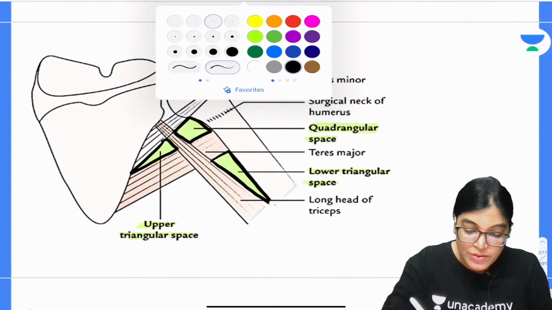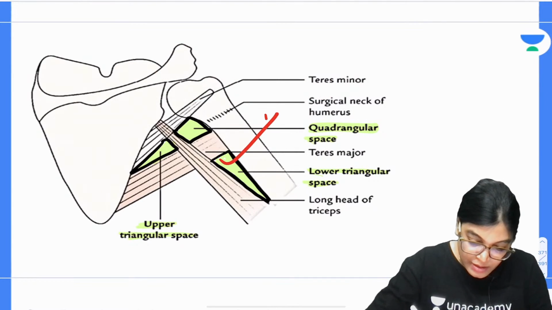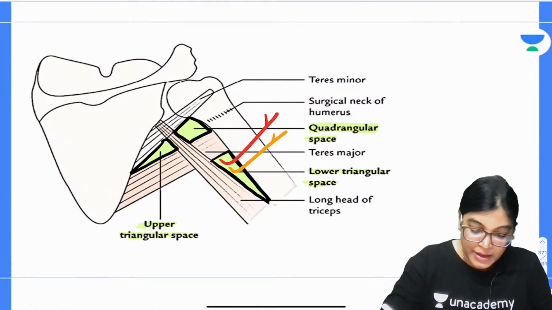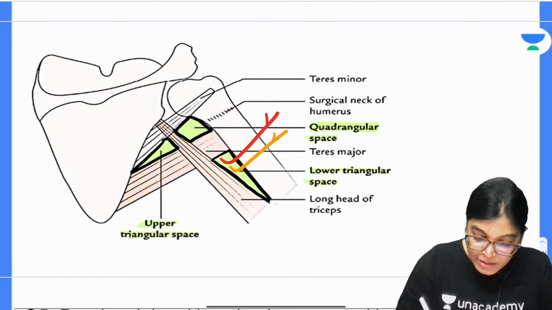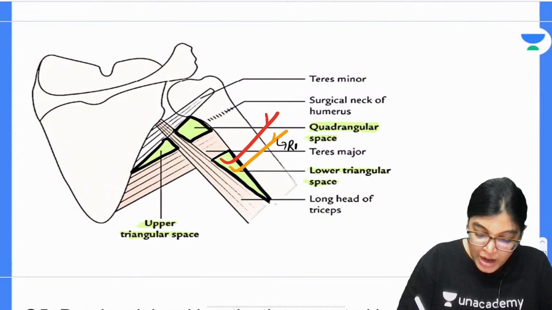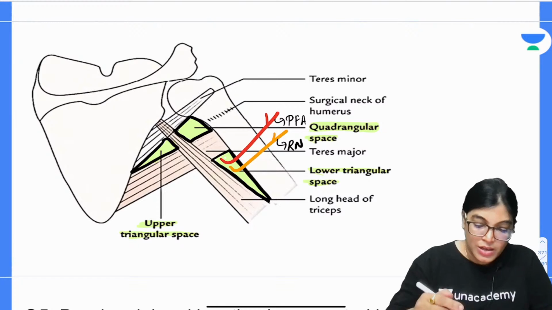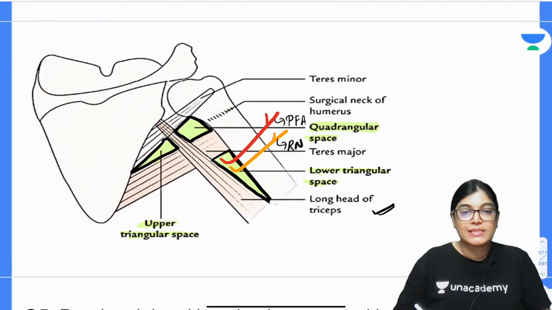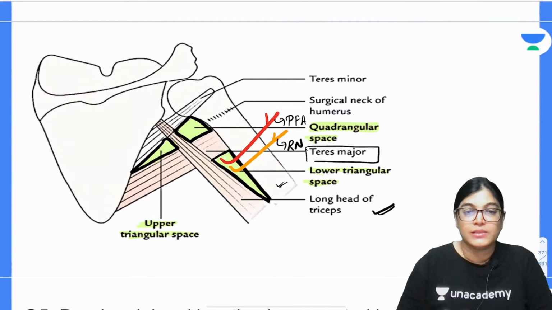The structures traversing through the lower triangular space are one artery and one nerve. The nerve is the radial nerve and the artery is the profunda brachii artery. This triangular space is bounded by the long head of triceps, the shaft of humerus, and superiorly by the teres major muscle.